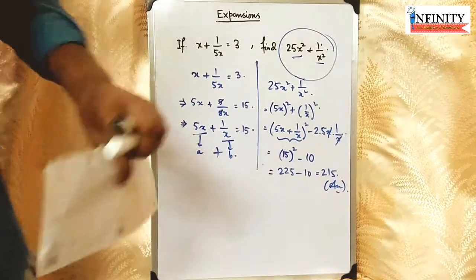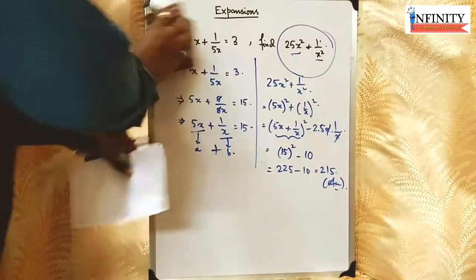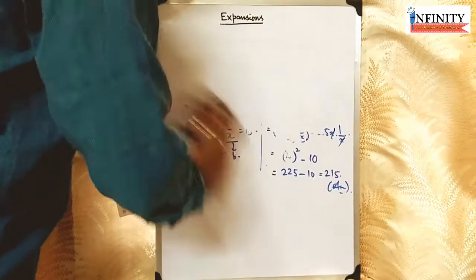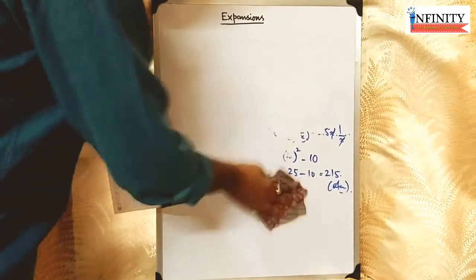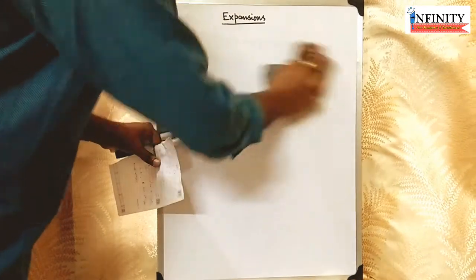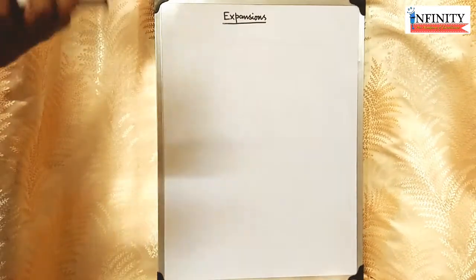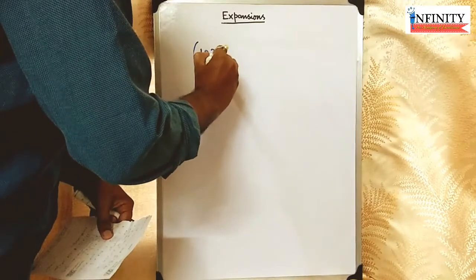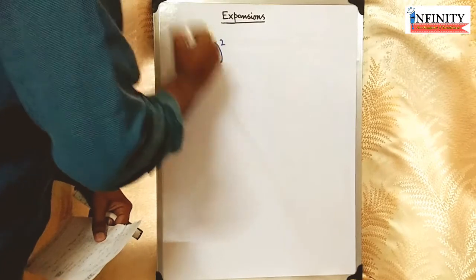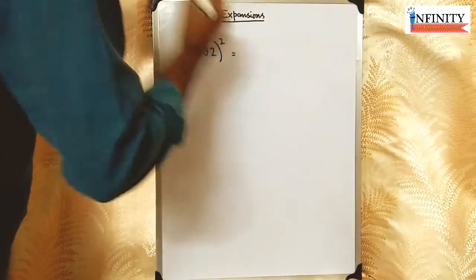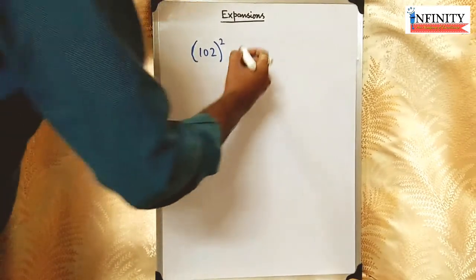Another kind of problem you have to face in this chapter is expansion, finding the value of squares of some big integer like 102 square. If you have to find 102 square using expansion, not the normal method, what you have to do?